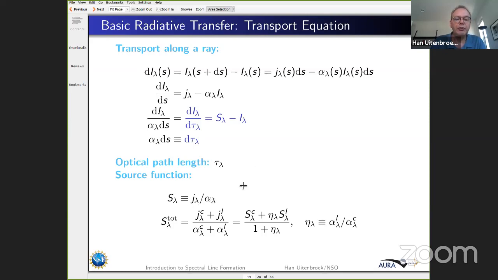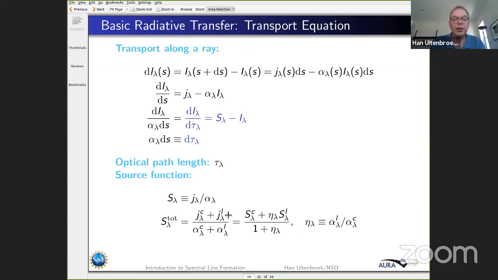Now, when you have several processes at one wavelength, you cannot just add up the source functions. You have to add up the emission coefficients and the absorption coefficients before you take this ratio. So you can rewrite then the source function in this simple case.